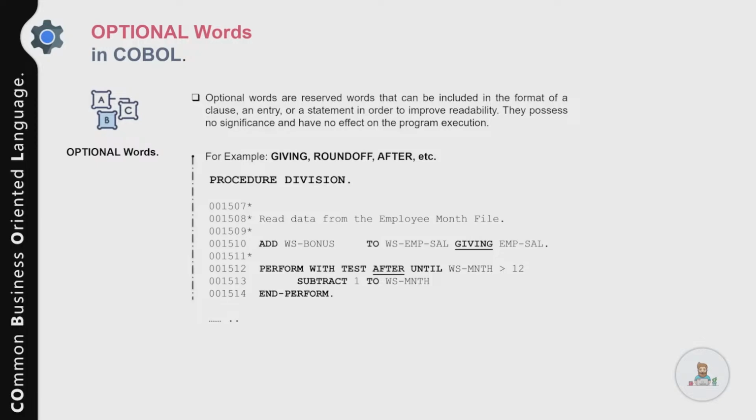You can write this statement with the help of the compute statement also. Similarly, if you look at the perform statement, in this case, after is an optional keyword. So as of now, just remember that these are optional keywords which are used to improve the readability of the code, and they do not have any effect on the execution of the program.